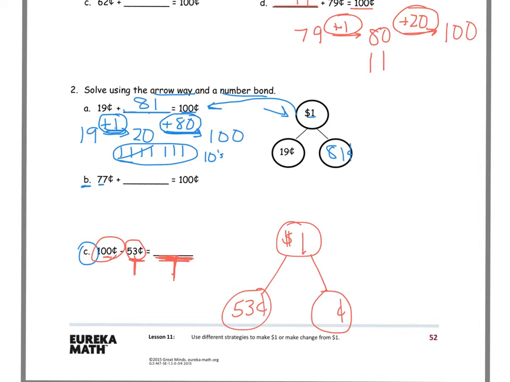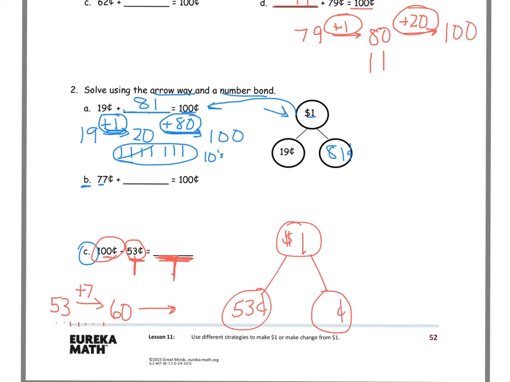So I'll do the arrow way starting at 53, and I always want to try to get to my next 10, which I know is 60. So if I count from 53 to 60, I have 54, 55, 56, 57, 58, 59, 60. So I added 7 to get there.